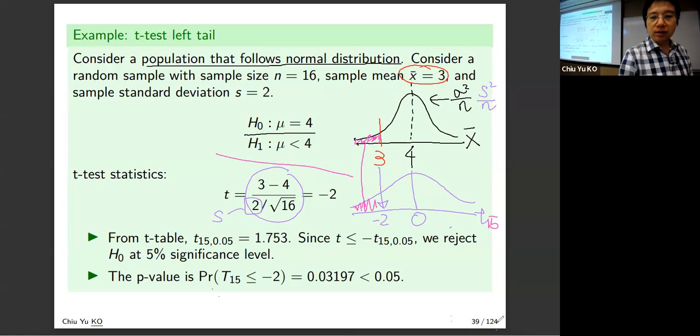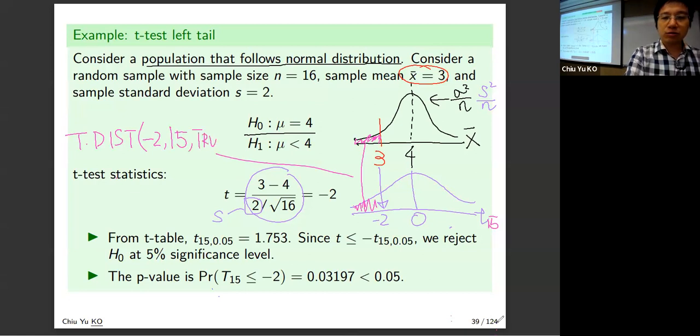So from number to area on the left, just use the T distribution function, with -2, the 15th one, and 2. So this will give us the area, which turns out to be 3%.